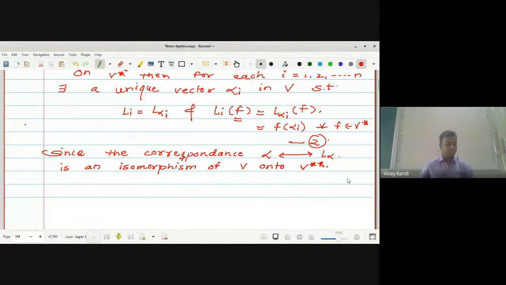Again, under the isomorphism, the basis is mapped onto a basis. If alpha 1, alpha 2, alpha 3 is a basis for V, then psi of alpha 1, psi of alpha 2, psi of alpha 3 is again a basis for V double star.